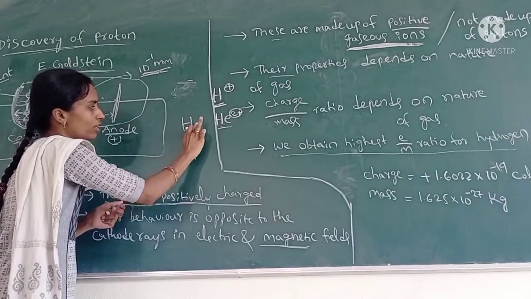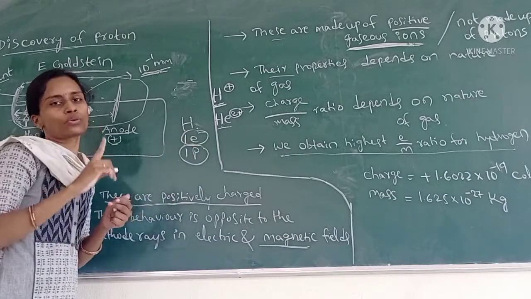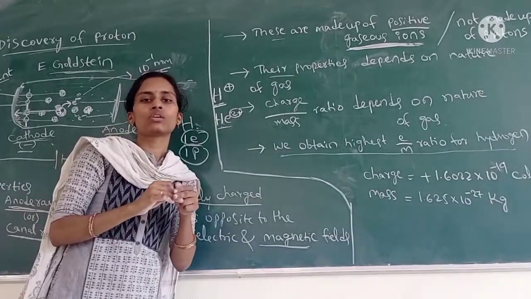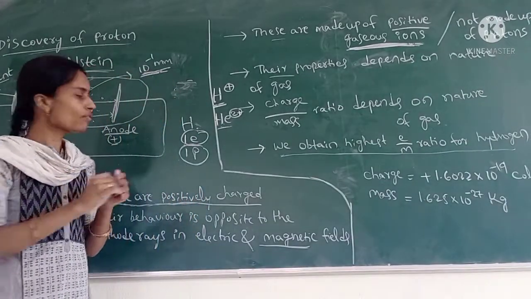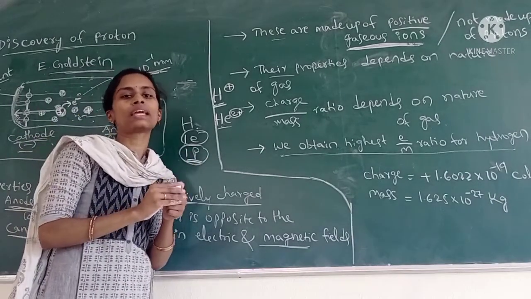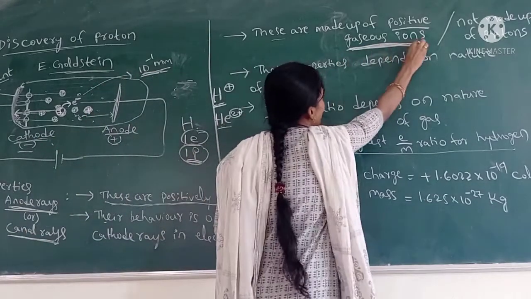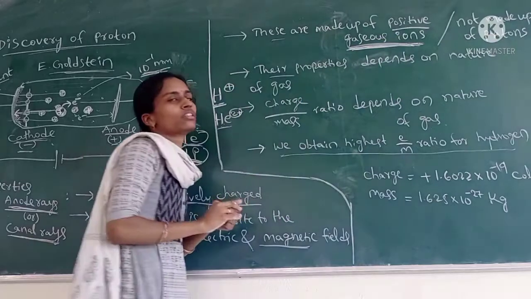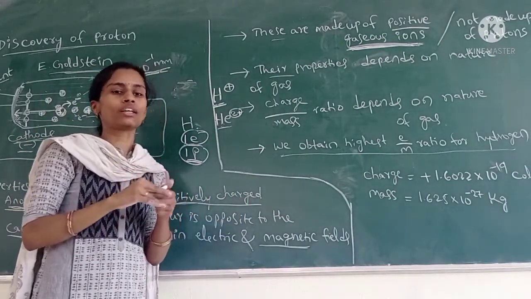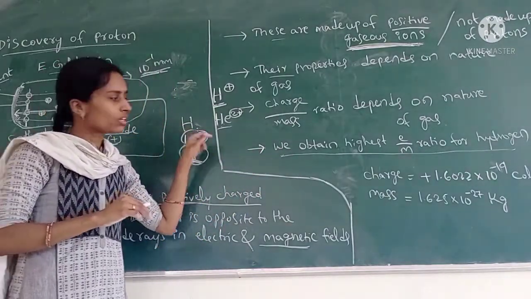If it loses this electron, only the proton remains. So in the case of hydrogen gas, the positive rays or anode rays are made up of protons, but not in the case of other gases. In other gases, they are made up of gaseous positive ions. And the e/m ratio is highest for hydrogen gas.